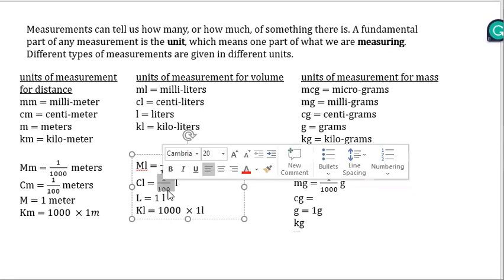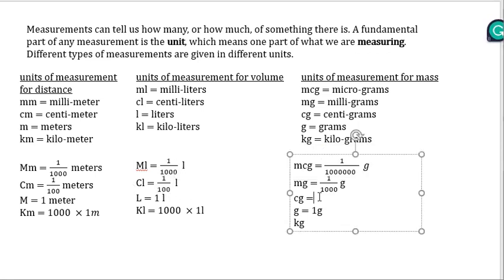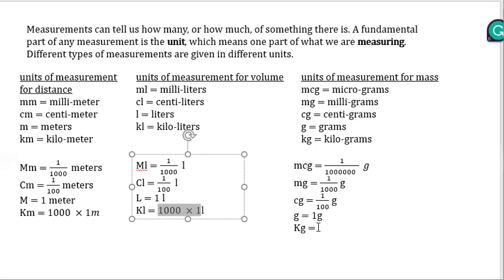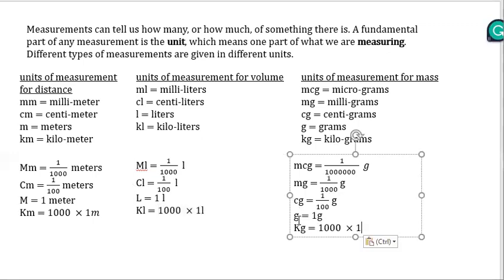Correct. And kilograms. 1,000,000 multiplied by 1 gram. No, 1,000 multiplied by 1 gram, but good effort. All right, so do you guys understand this a bit better now? Yes. All right, so let me go back to the first slide.